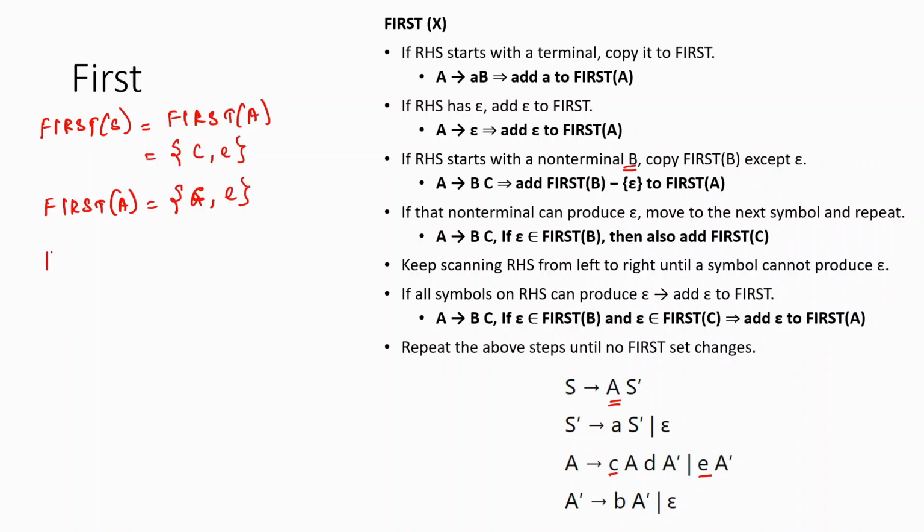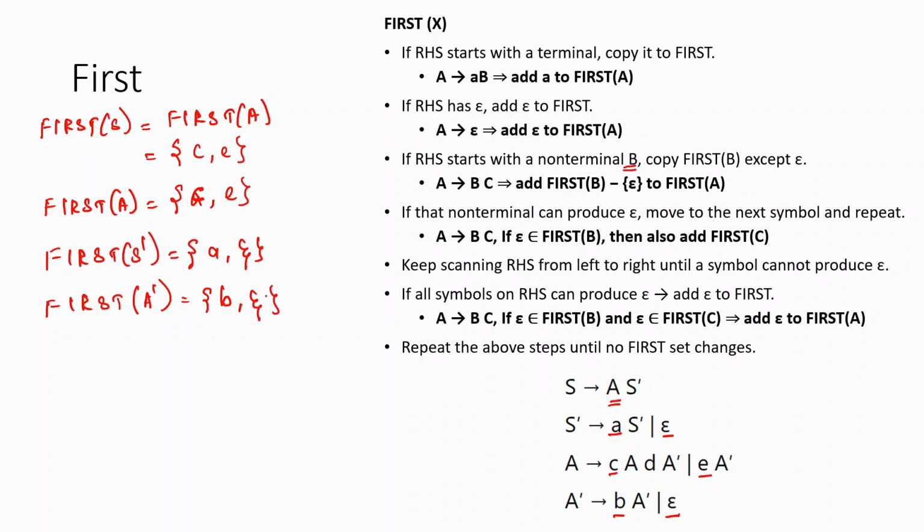Then we have to calculate first of S dash. When you go with S dash, the first symbols on the right hand side of this production are A and empty. Next we go with first of A dash. When you go with A dash, the first symbols are B and empty.